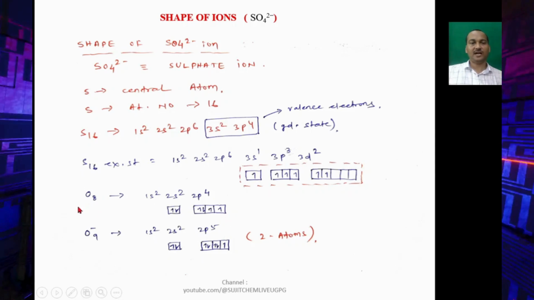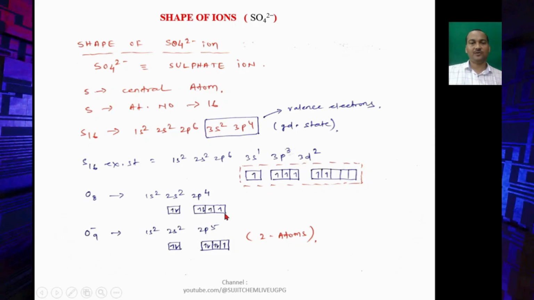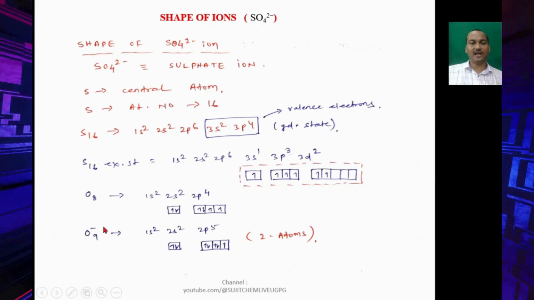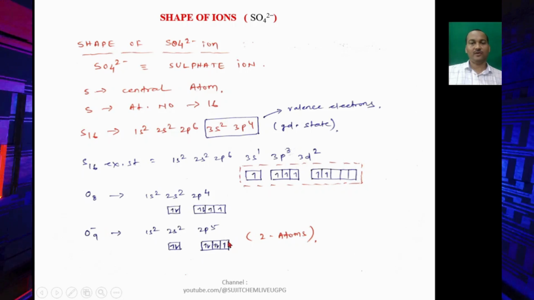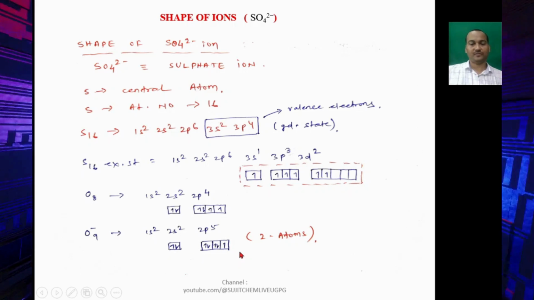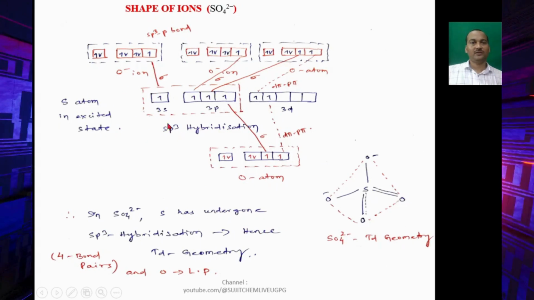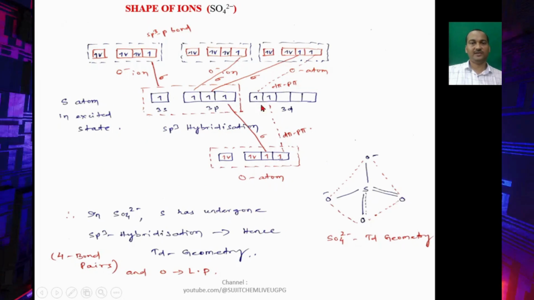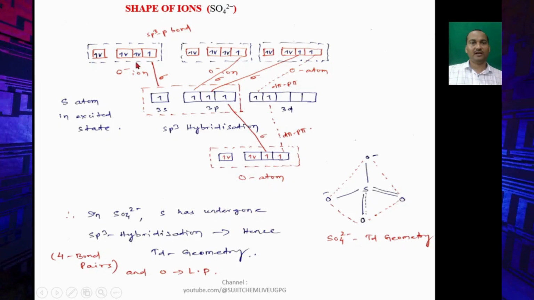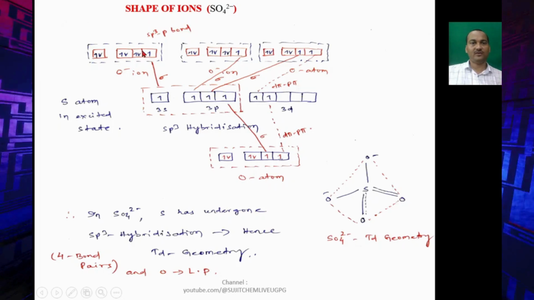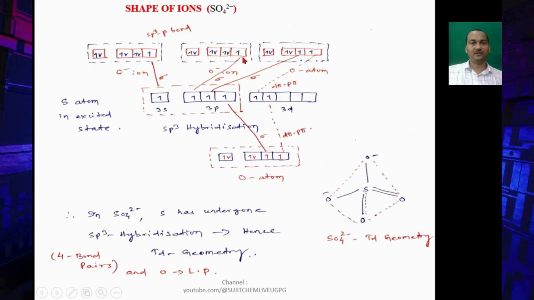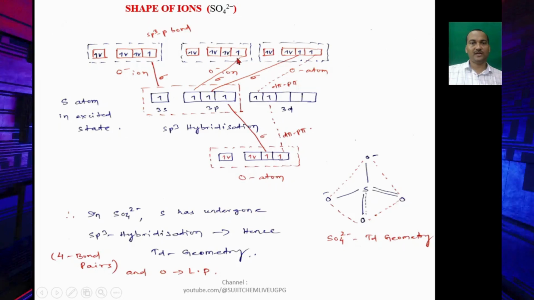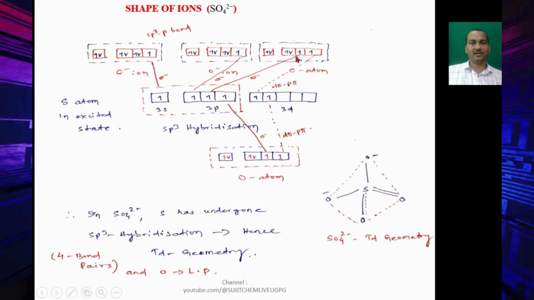So in the neutral oxygen atom we have 2 unpaired electrons, and the oxygen anion O minus has 1 unpaired electron. Here this is the central atom in the excited state 3s1 3p3 3d2, and this is an O minus ion with only 1 unpaired electron, and this is another O minus ion with 1 unpaired electron.